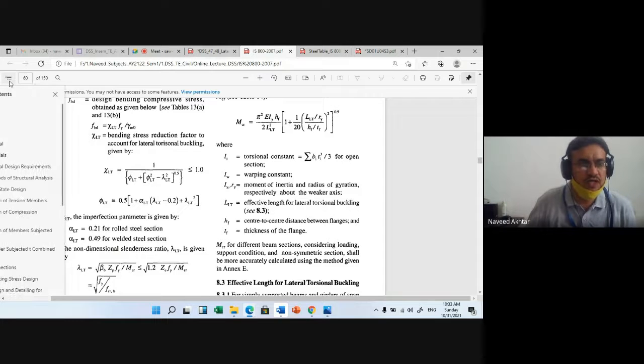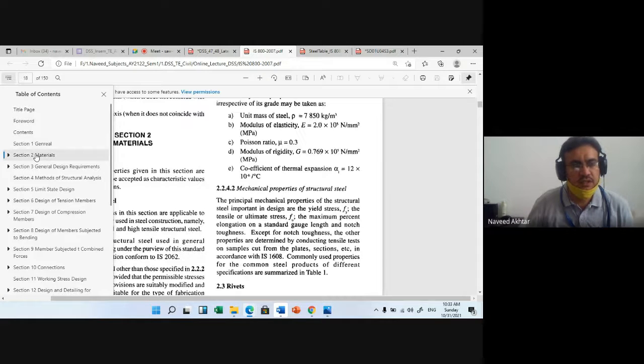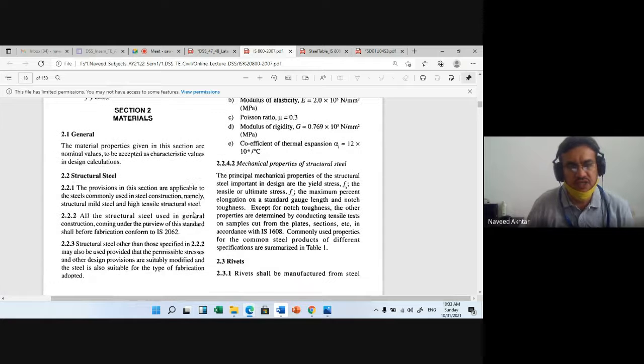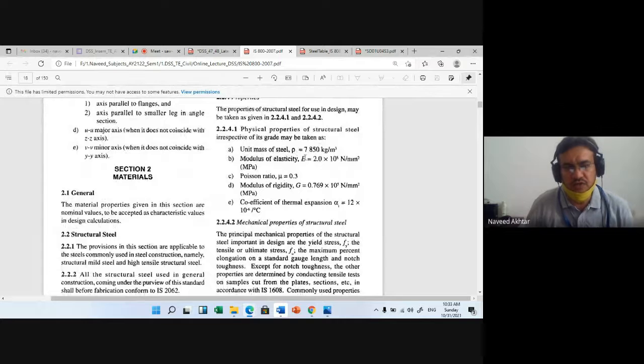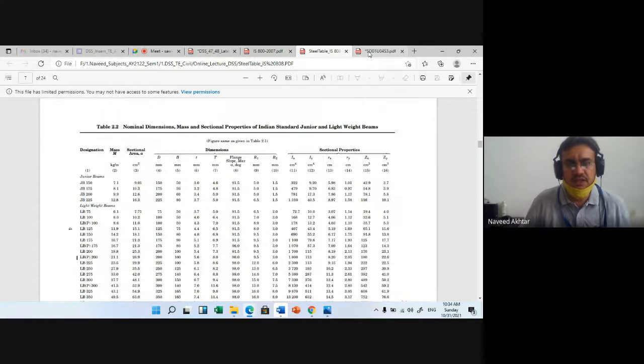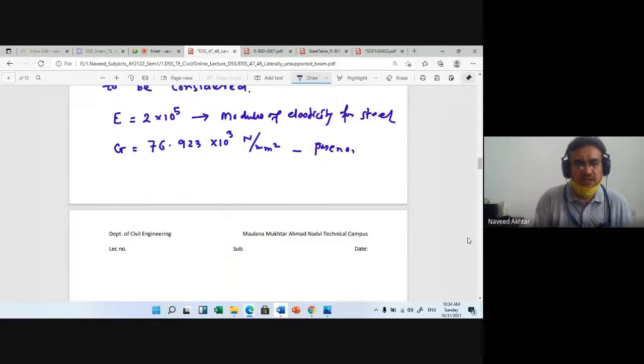If you come to the IS code, the material section, here the modulus of elasticity for steel, Poisson ratio mu, and modulus of rigidity G are given.